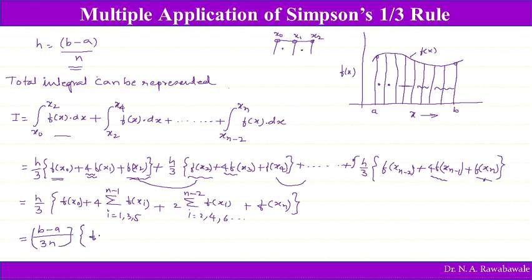We can write this as f of x0 plus 4 times summation of i equal to 1, 3, 5, and so on up to n minus 1 of f of xi, plus 2 times summation of i equal to 2, 4, 6, and so on up to n minus 2 of f of xi, plus f of xn.